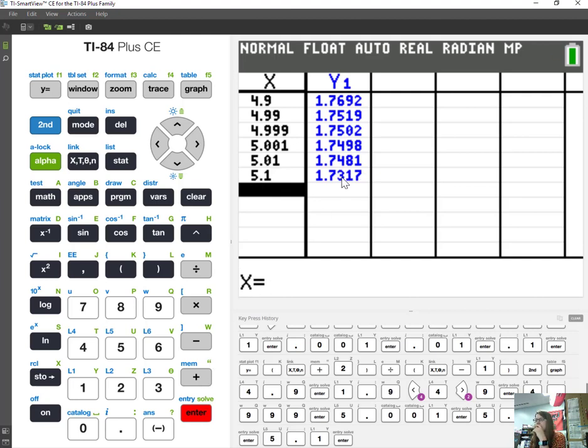Okay, and so what we see is all of these numbers are approaching the same value, 1.75. So these are all approaching 1.75, and then now these are all bigger than 1.75.